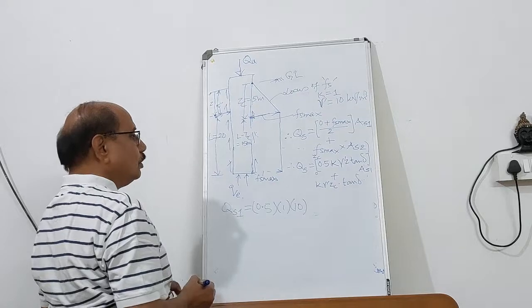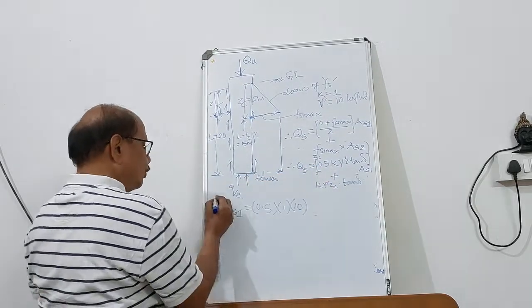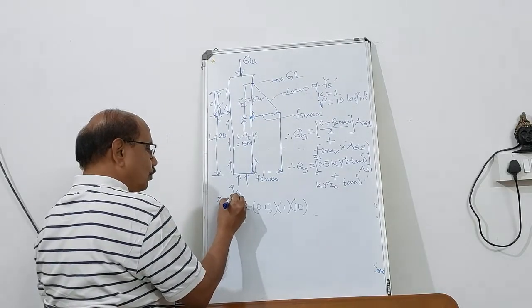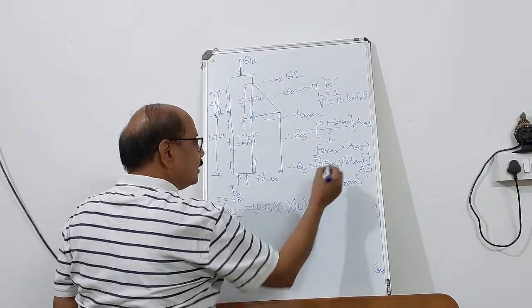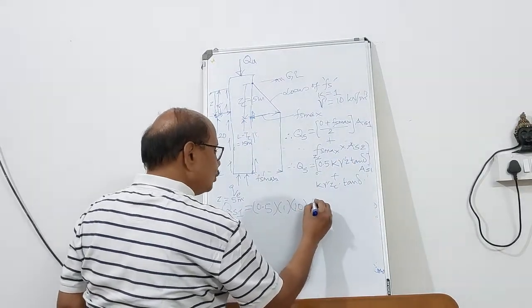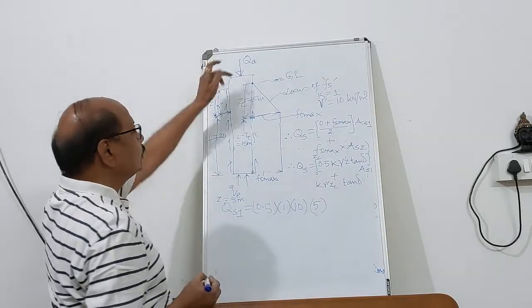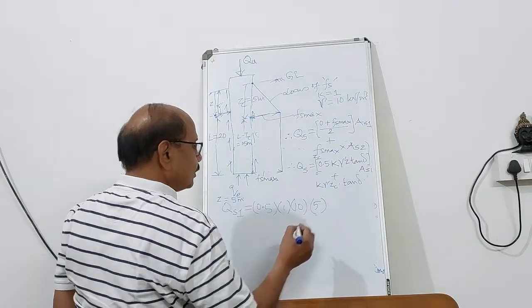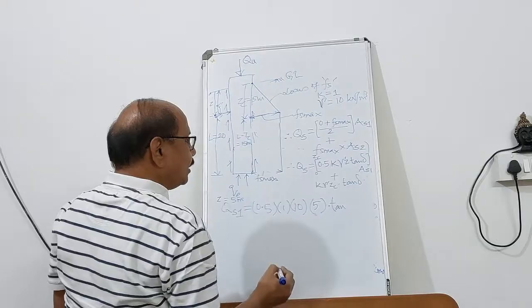Now, here up to 5 meter, for Z equal to 5 meter, right? So here Z value is going to be 5 meter because it is linearly varying, up to this, into tan delta.